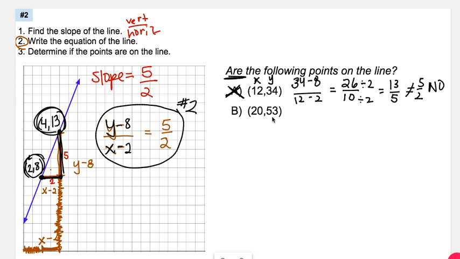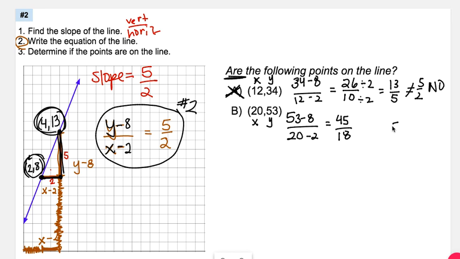For B, again, I'm going to substitute 20 for the x and 53 for the y. 53 minus 8 over 20 minus 2. Okay, 53 minus 8 is 45. Use a calculator if you need one. 20 minus 2 is 18. Now, it might be hard to see what numbers they have in common. Think about it like this.